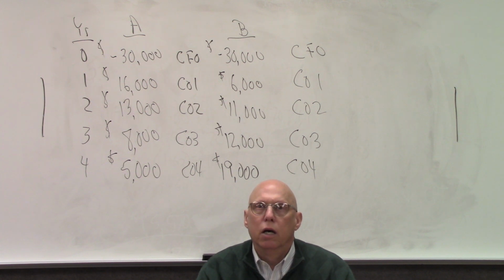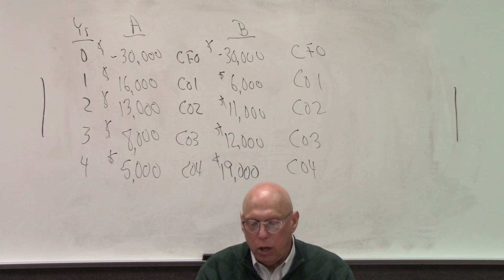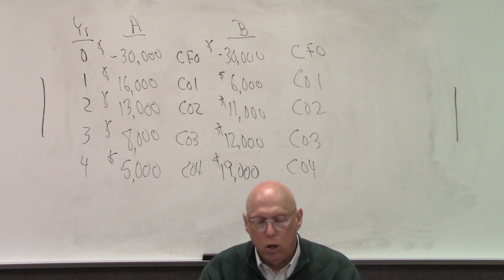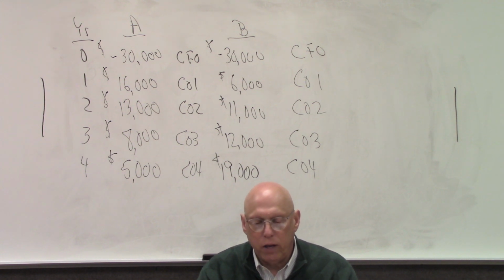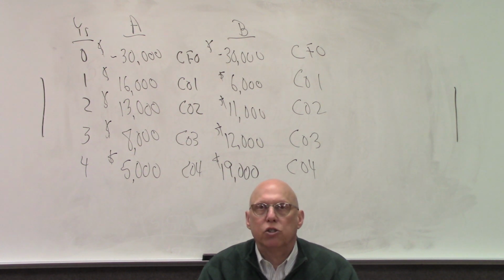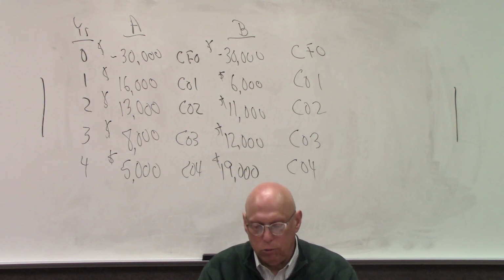It is the discount rate, the IRR, that will result in a net present value of 0. It measures the percentage return earned on the cost of an investment or of a project. So it doesn't give us a dollar amount, it gives us a percentage amount.